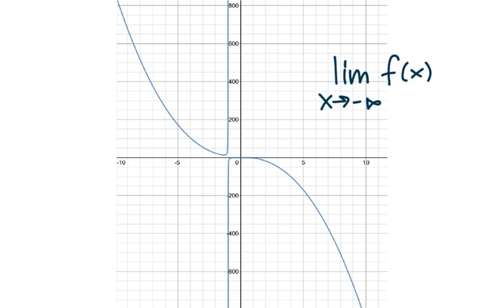As x goes negatively to the left forever, where does my y value go? My y value goes towards positive infinity. Therefore, the answer to that last example is positive infinity.